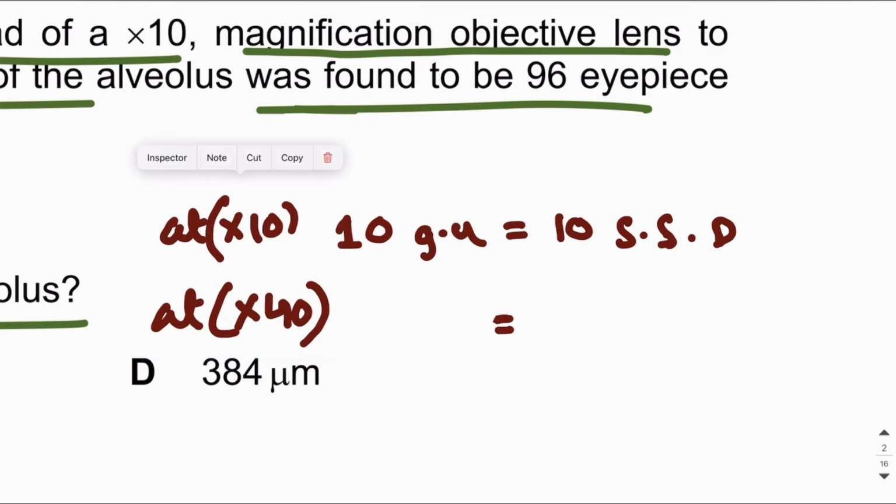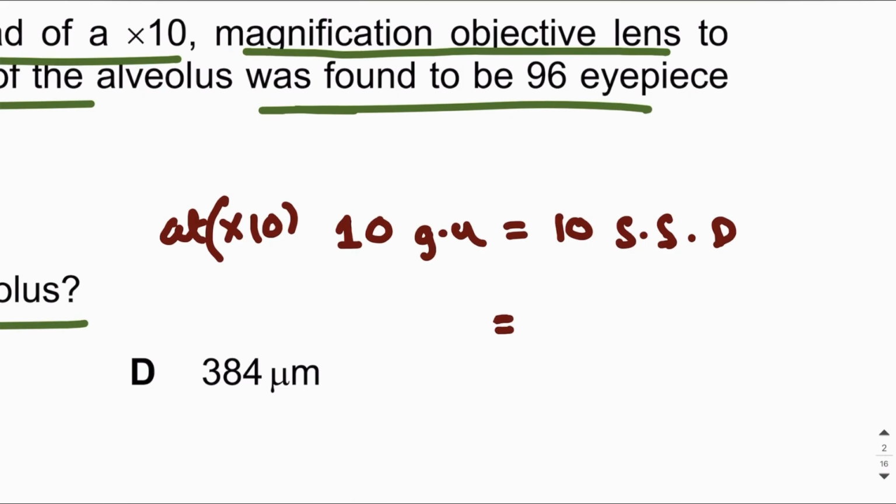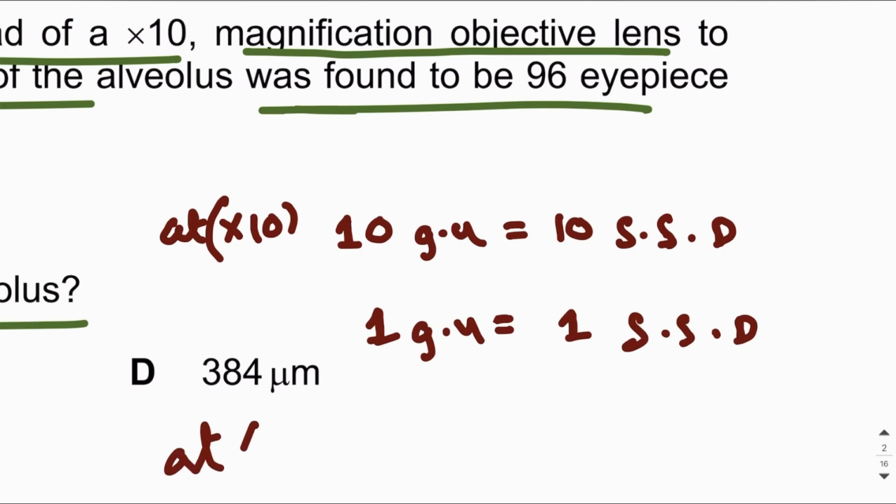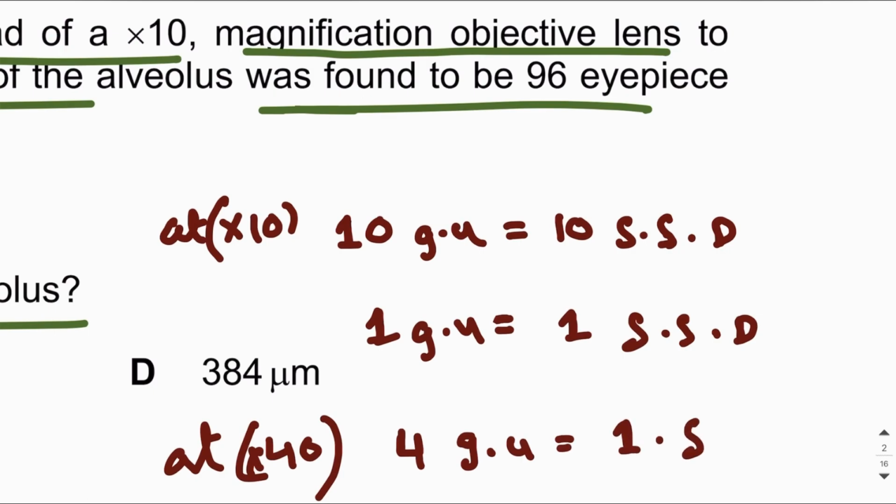Initially at ×10, one graticule unit was equal to one stage scale division. So now at ×40, more graticule units will be covered by one stage scale division because the stage scale division has been enlarged. And how many times has it enlarged? 4 times. So the graticule units will be multiplied by 4.